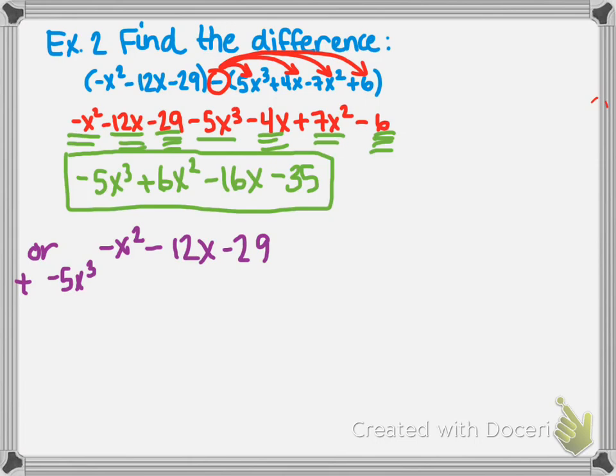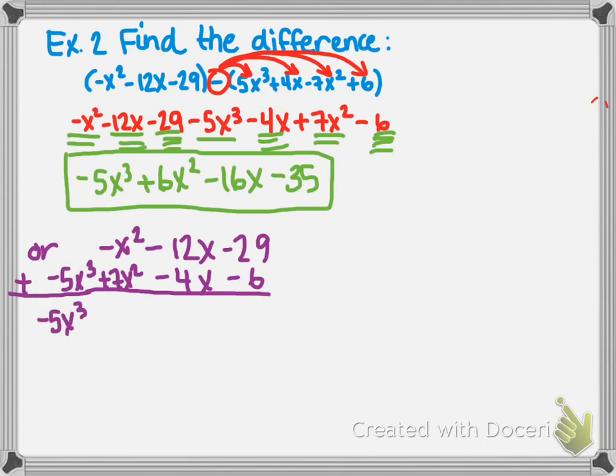So changing the sign of the cubic term, and there's no cubic term to line it up underneath, so we need to put it out to the left. So negative 5x cubed. Okay, changing the sign of the quadratic term turns to positive, so plus 7x squared minus 4x minus 6.